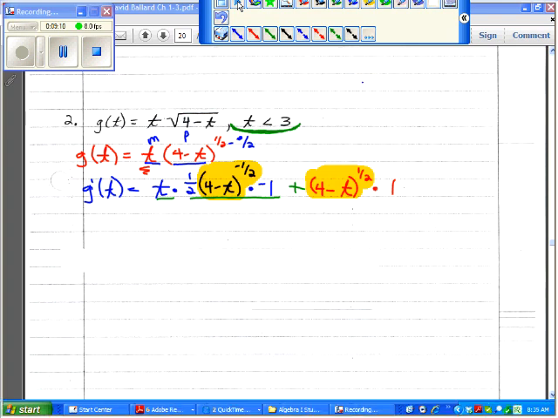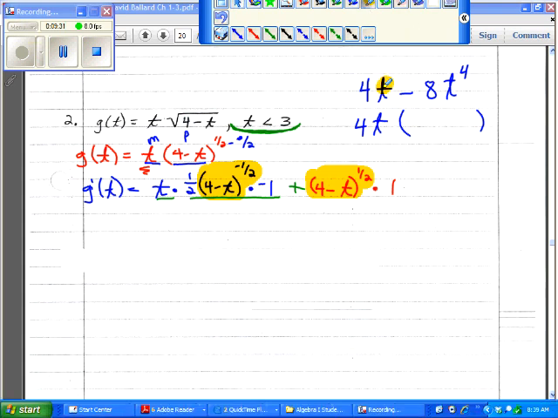Let's say that I had something like 4t minus 8t to the 4th. Now, what would you pull out of that? 4t. Now, how did you know so fast to pull out the t instead of the t to the 4th, or instead of something different? Because there's only one t here, and there's t to the 4th there, and you pulled out the smallest.